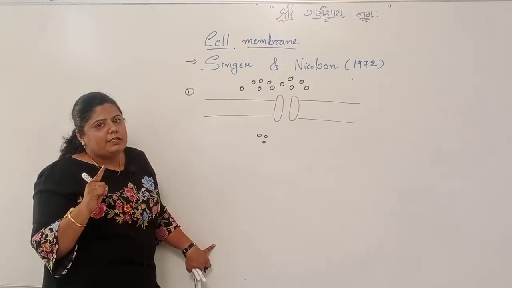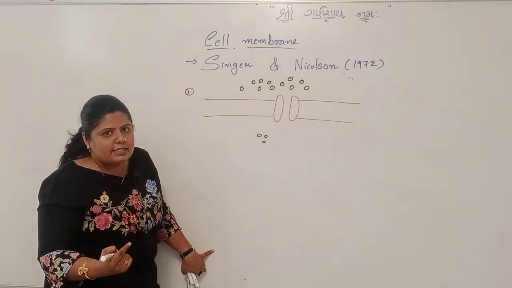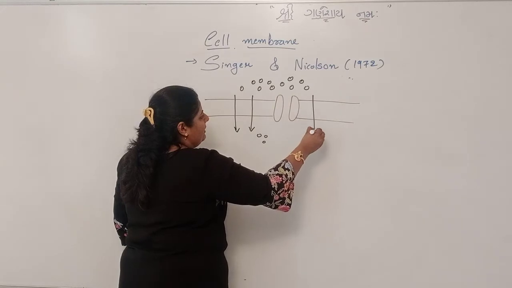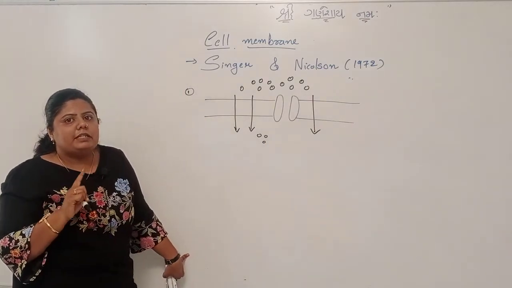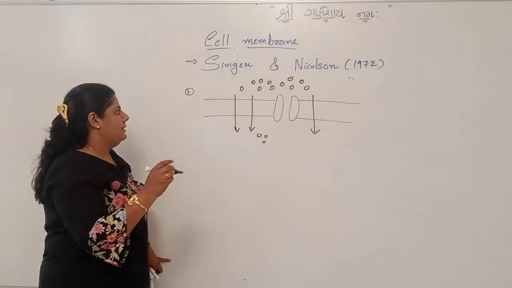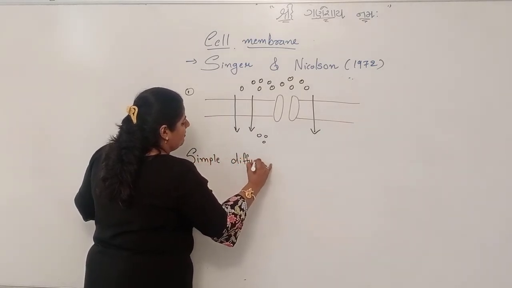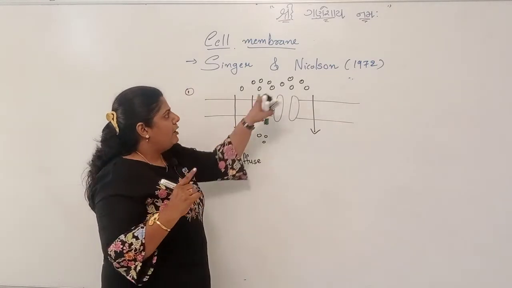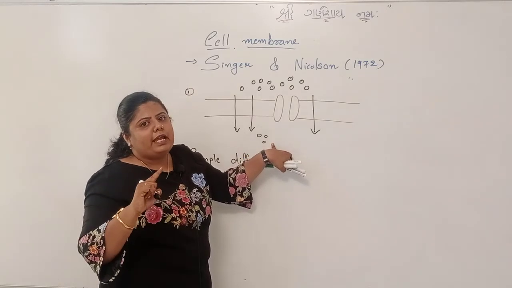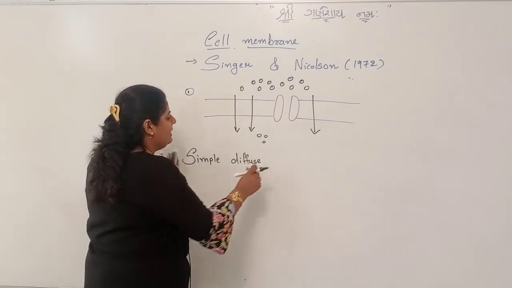So if molecules pass from their higher concentration to lower concentration simply through the cell membrane without any energy or without any facility, then it's called simple diffusion.